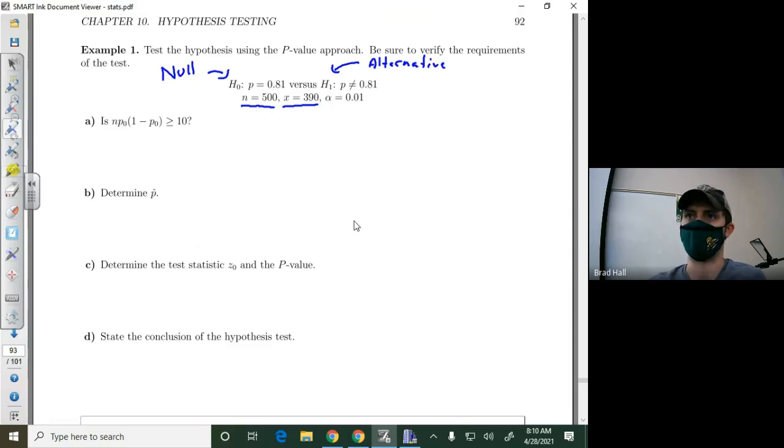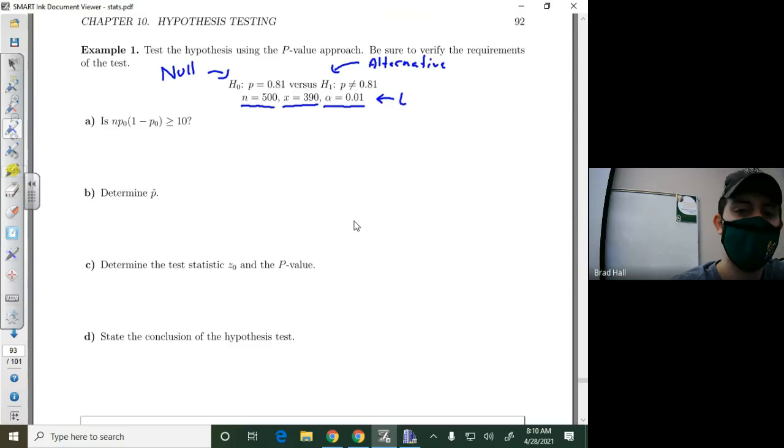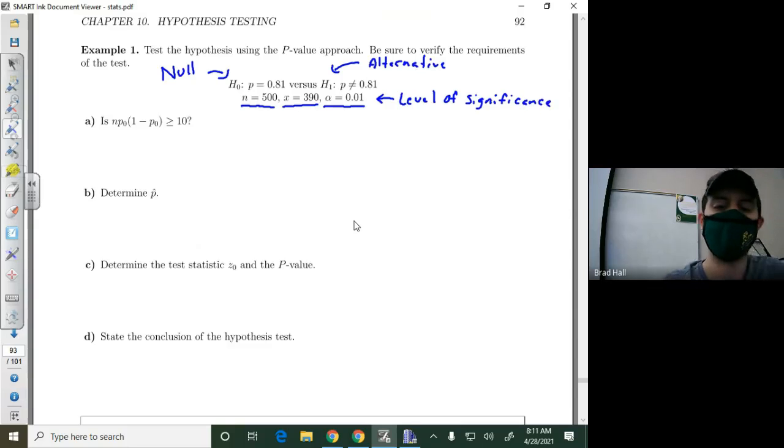Since we're talking about proportions, these are normally categorical outputs, yes or no's. And as I mentioned, they also give us a level of significance.